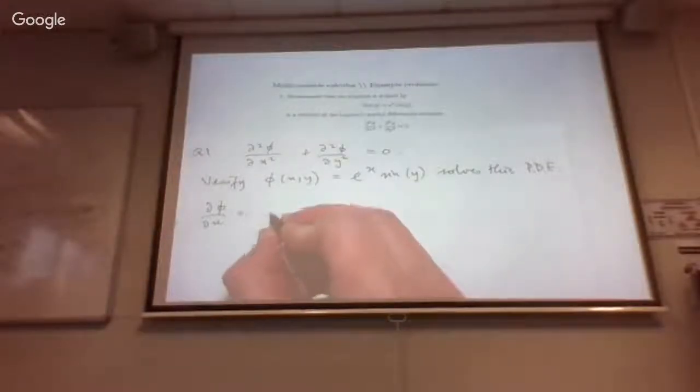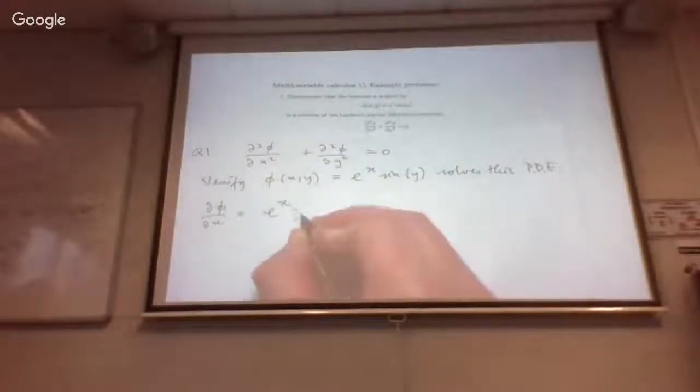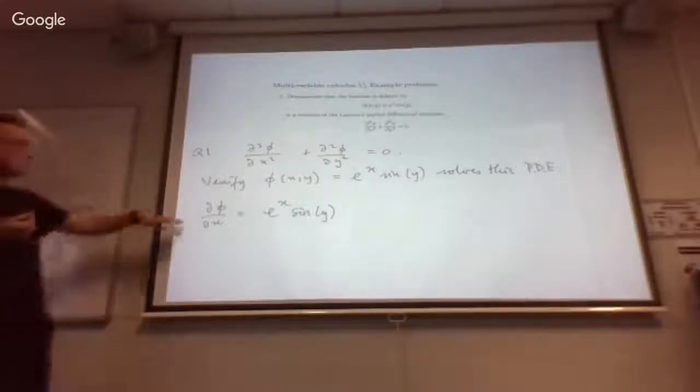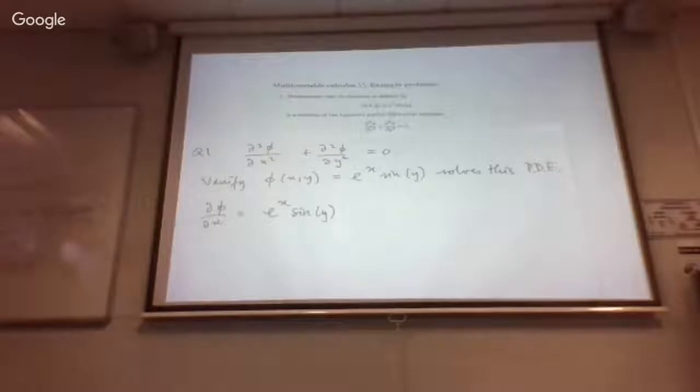So the derivative of that is, well, what's the derivative of the exponential function? E to the x, it's just e to the x. It's a special property the exponential function has, that it is its own derivative. So the x derivative looks nice and simple. It hasn't really changed at all.